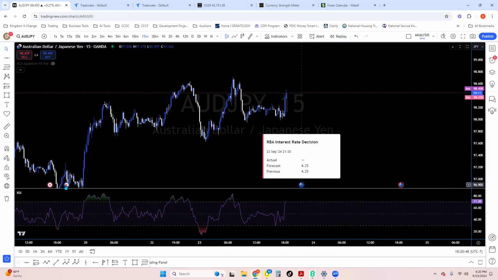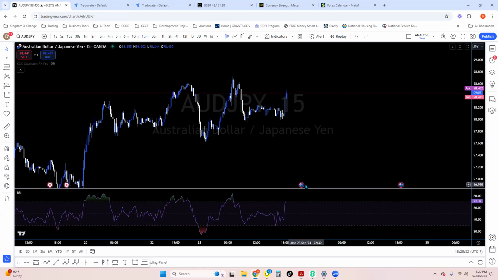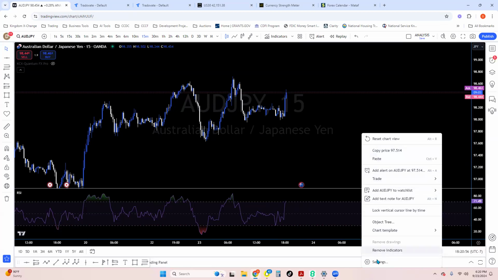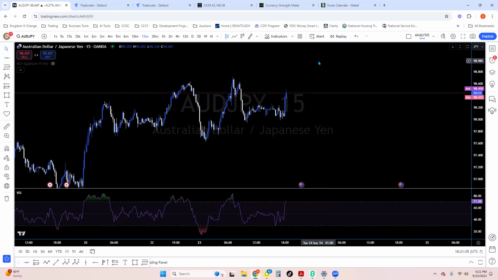So that's Australia. This is Japan. So this is Japanese news, and this is Australian news. So you can also put those on your Forex chart by going to settings and clicking economic events. So I wanted you guys to know that.